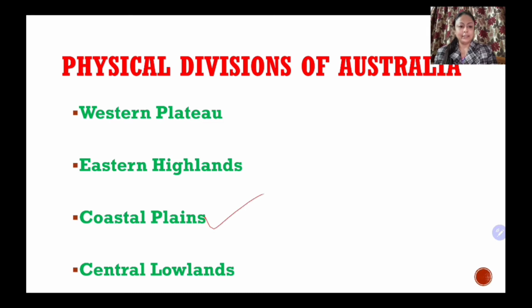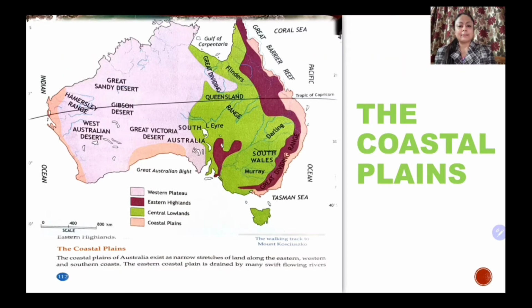So here we start. Students, look at the map. The coastal plain of Australia is shown with the peach color. You can see the coastal plains lie in the eastern side, the western side, and also in the southern portion of the continent.